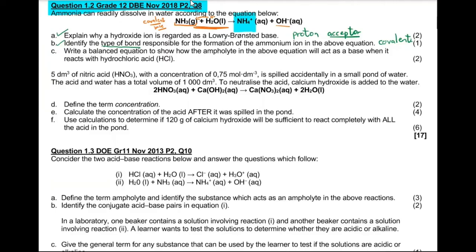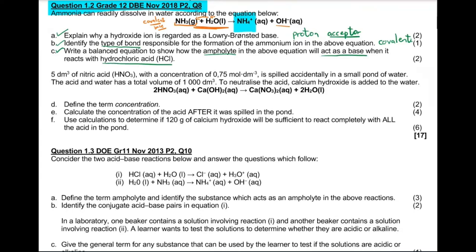All right, C. Write a balanced equation to show how the amphiprotic substance, and now some of you are going back through your notes, what is an amphiprotic substance? Okay, to show how the amphiprotic substance in the above equation will act as a base when it reacts with hydrochloric acid. And so what is an amphiprotic substance again?